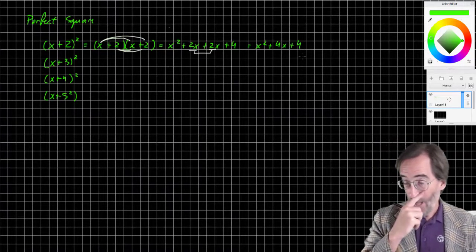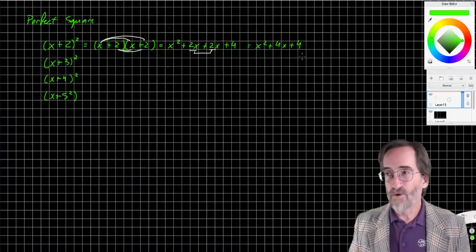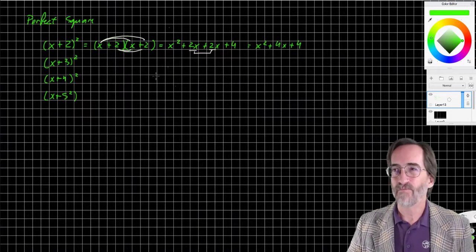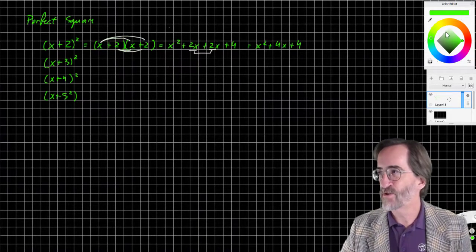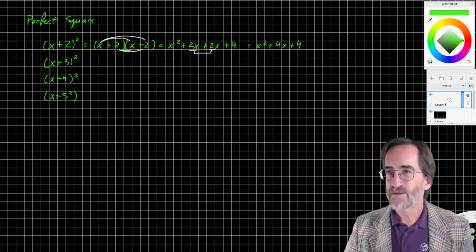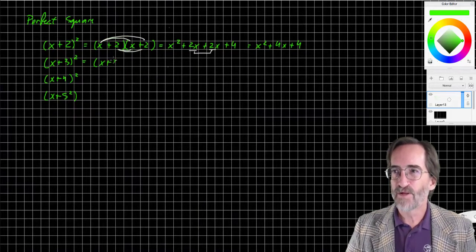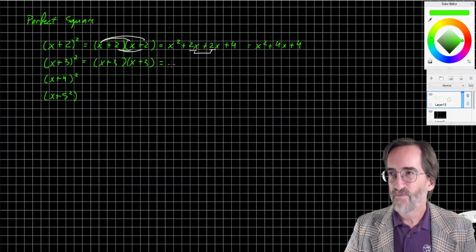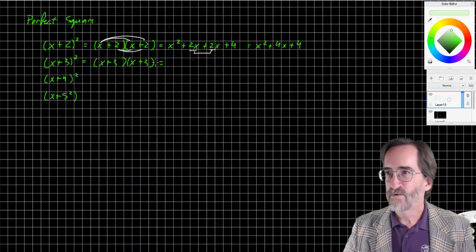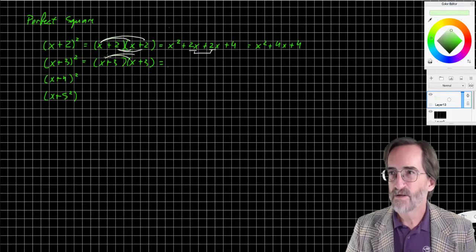Okay? So that's a little review of multiplying binomials by binomials, but also we're looking for a pattern. So let's do another here and see if we start to notice a pattern. x plus 3 times x plus 3. Distribute the x's, distribute the 3's.